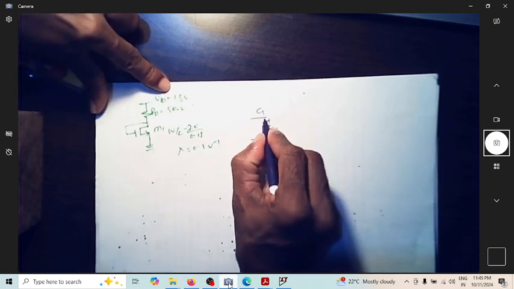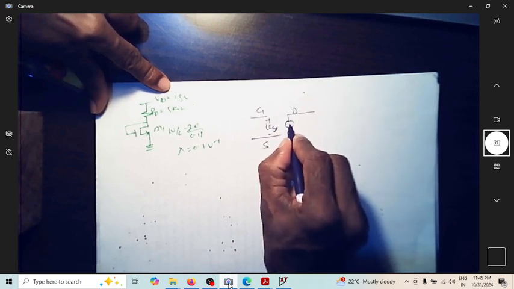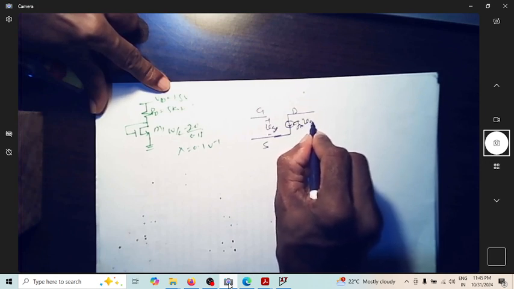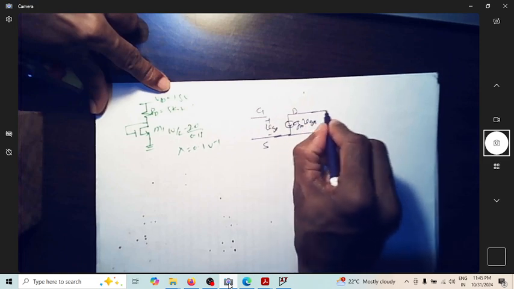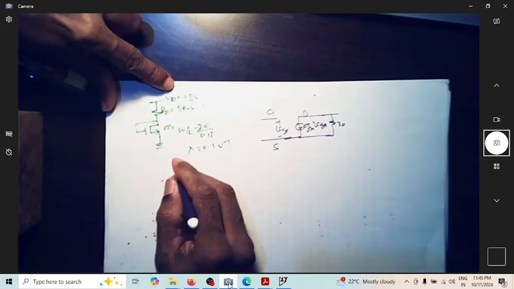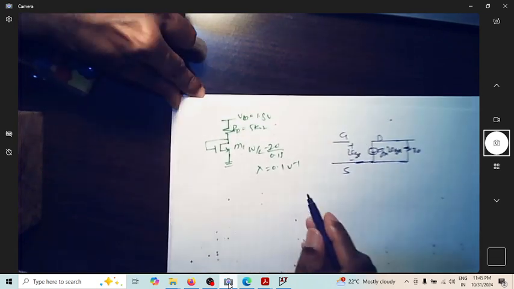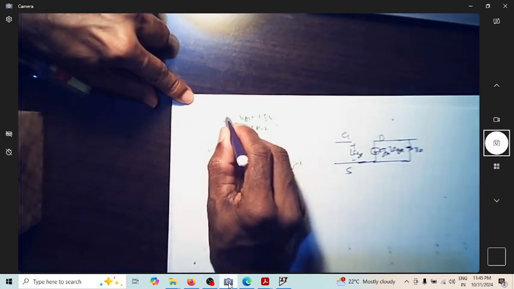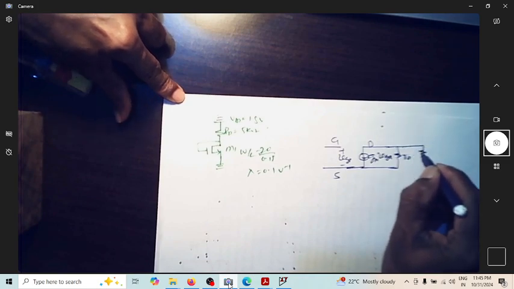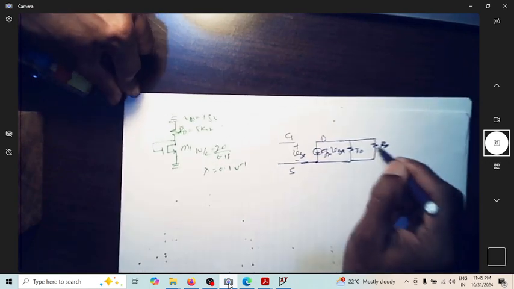This is drain, between drain and source we have gm into VGS as the current source. This is R0, and of course we will be simply replacing this by its AC small signal model, means this is grounded. So then you will be connecting a RD between drain and AC ground.